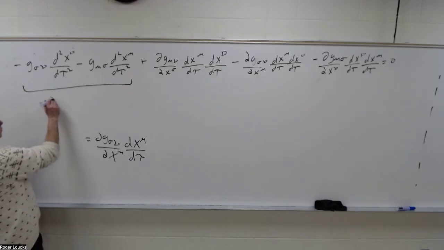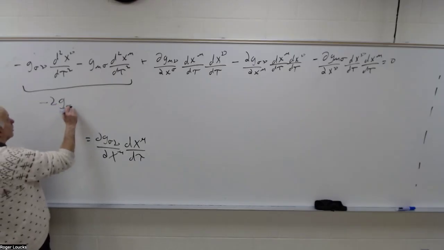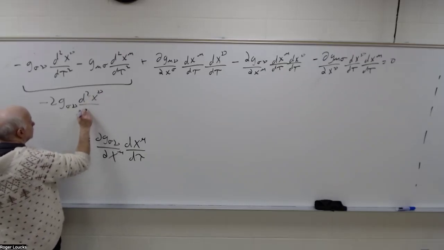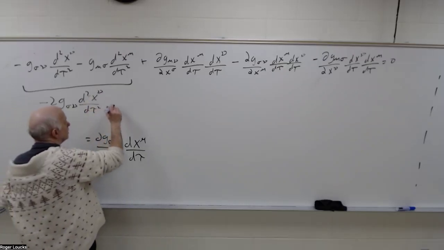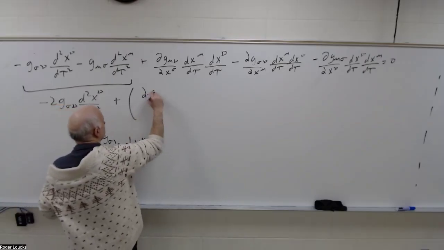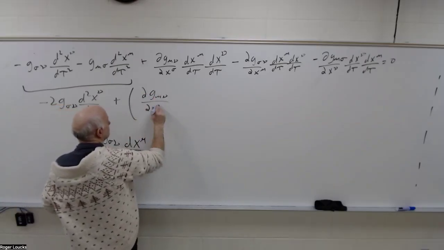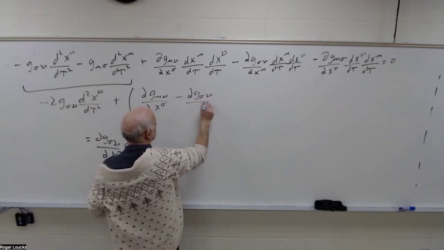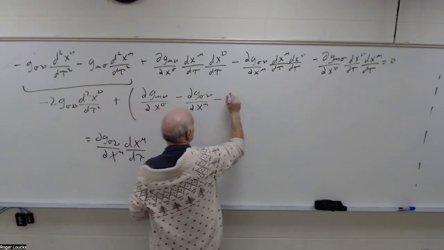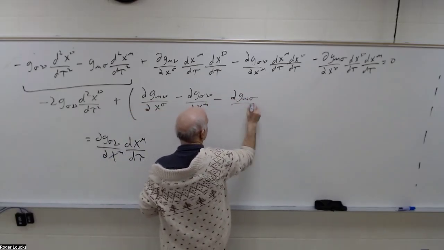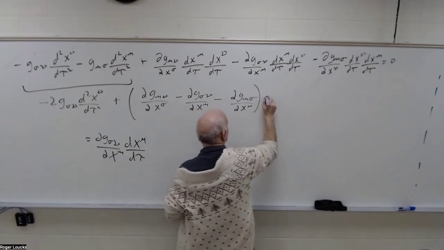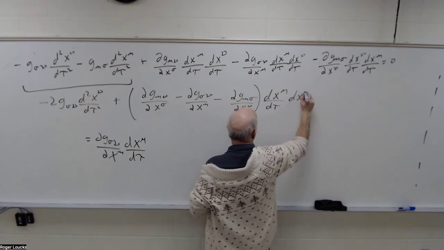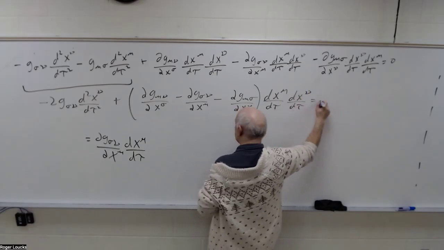So this I can write as 2g sigma nu d squared x nu d tau squared, plus bracket partial g mu sigma over x nu minus partial g sigma nu over x mu minus partial g mu sigma over x nu, dx mu d tau dx nu d tau equals 0.